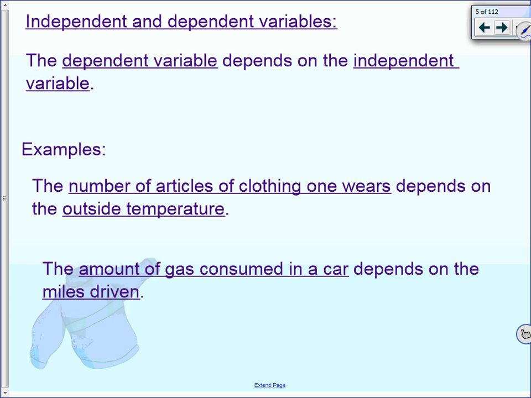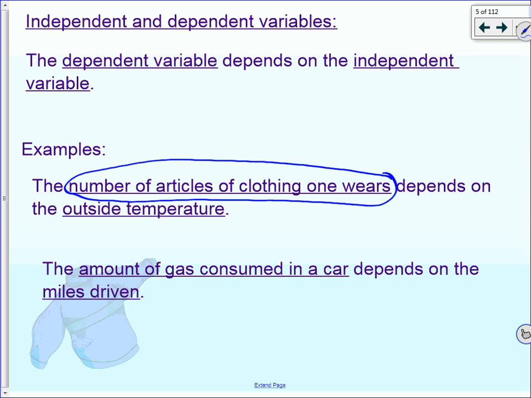So that means this is the dependent variable. If it's cold outside, I'm going to wear more clothes. If it's hot outside, I'm going to wear no more winter coat, no more scarf. And this is the independent variable.